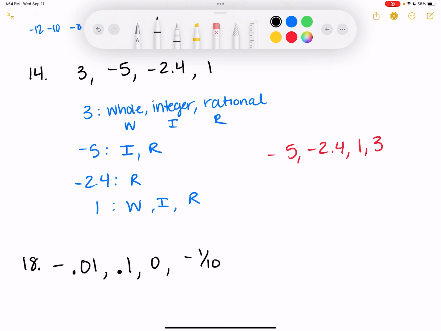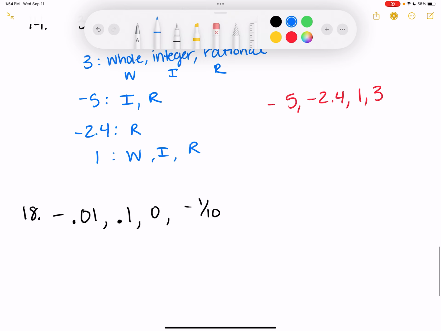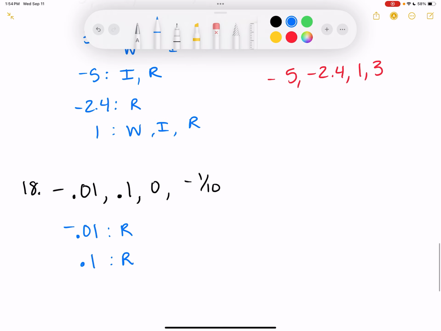All right, let's classify first. What's -0.01? Rational. What about 0.1? Rational. What about 0?